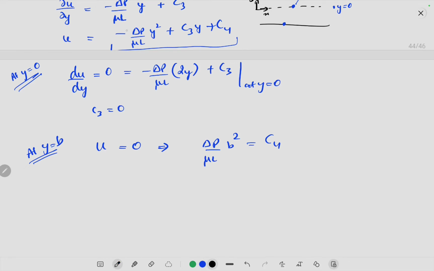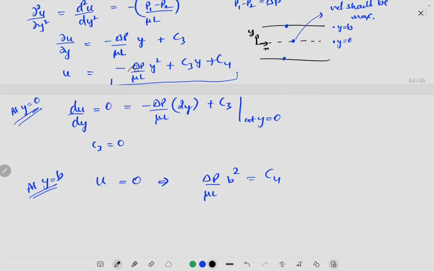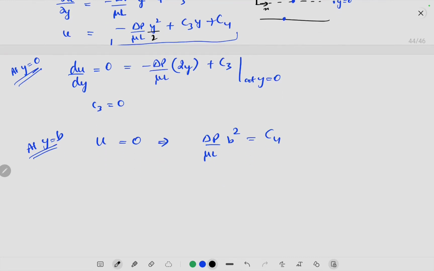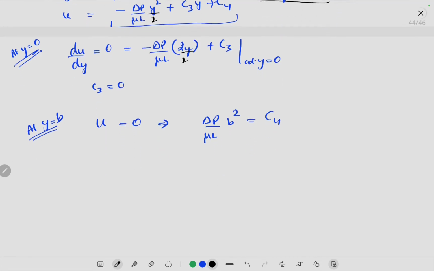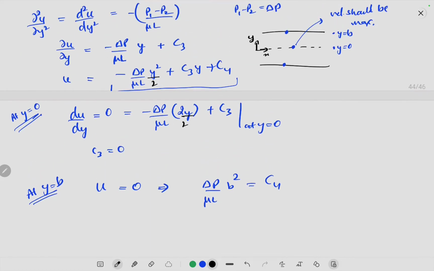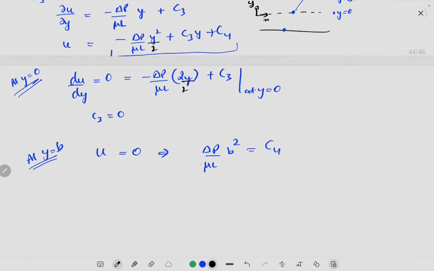Oh, I forgot to put 2 here. While integrating y, I wrote y square, but I forgot to put 2 here also. So I'll get a 2 here. Okay, so c4 is delta p b square upon 2 mu l.